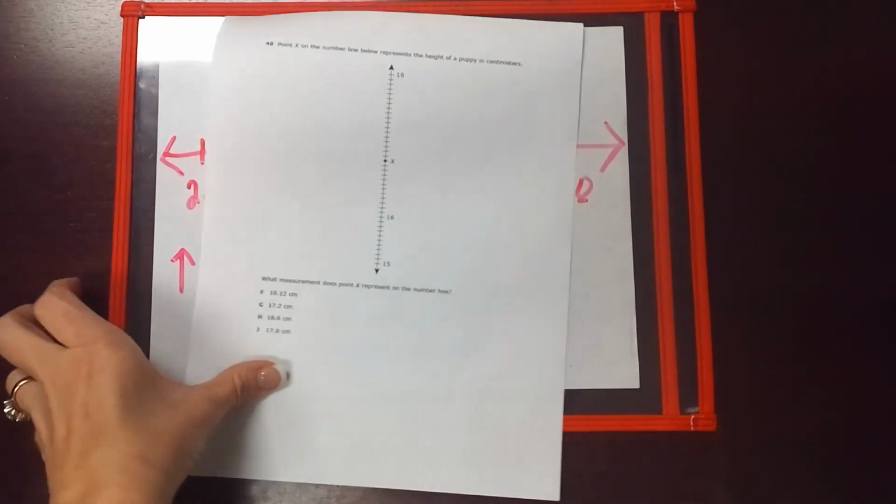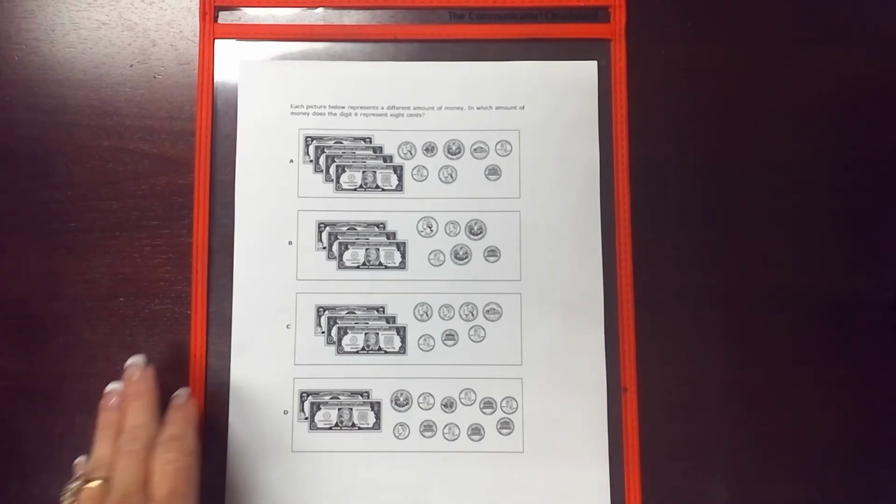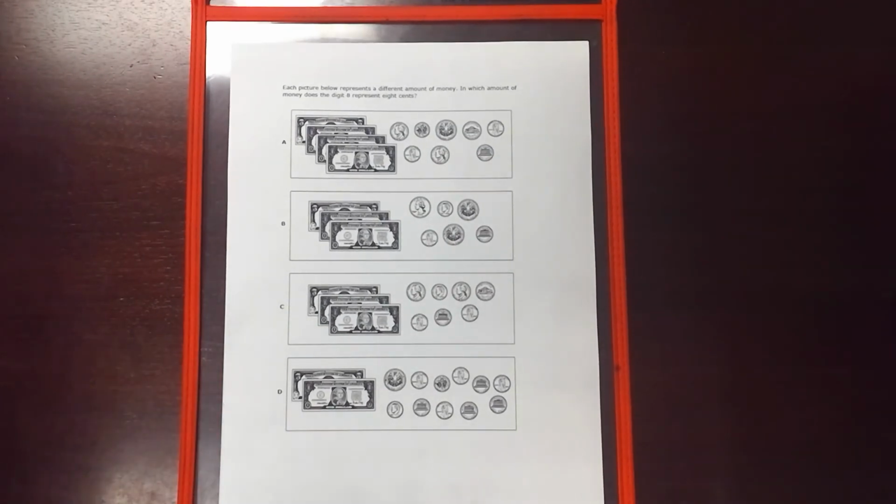All right, and finally, before I move on, I'm going to talk about money. Make sure that all the problems that you are doing with students include them looking at money, whether it is getting a handful of play money out of a bag, writing the money, and putting that amount on the place value chart, or giving them a group of money and asking them what digit would be in the tenths place, the hundredths place, the ones place.